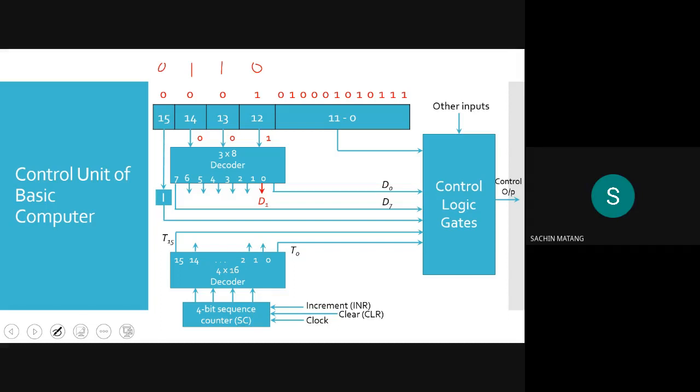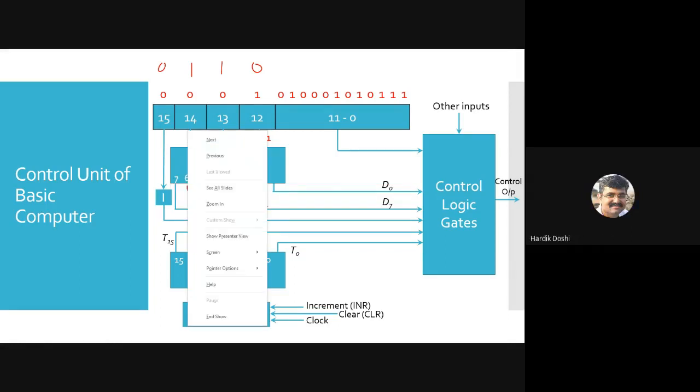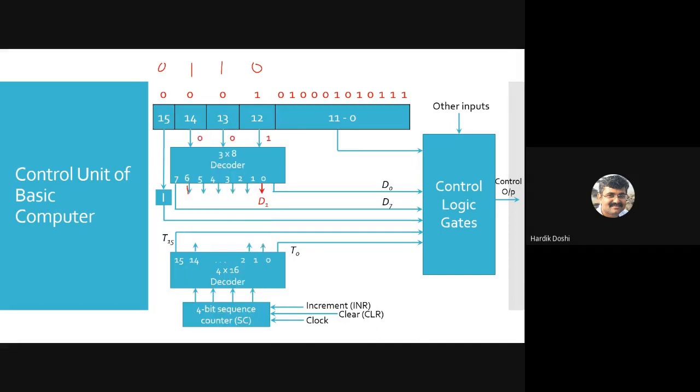D6. D6, absolutely correct. So I will be getting the output from line D6. Yes or no? Yes, sir. So what instruction is code 6 assigned to?